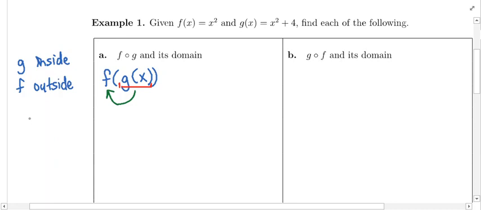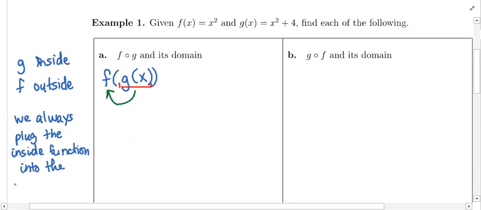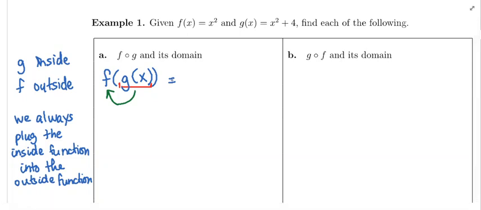And what you're going to see with composition, we always plug the inside function into the outside function, always. So here g of x is going to be the input to f of x. This is how I do it. It makes sense to me. I'm plugging g of x into f of x.